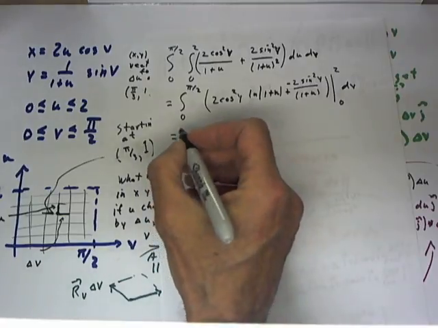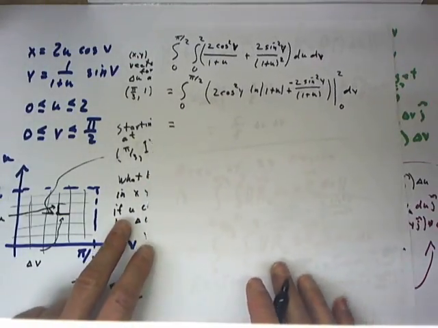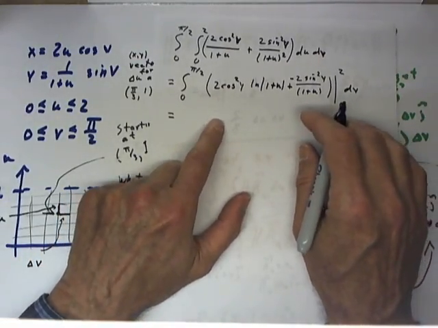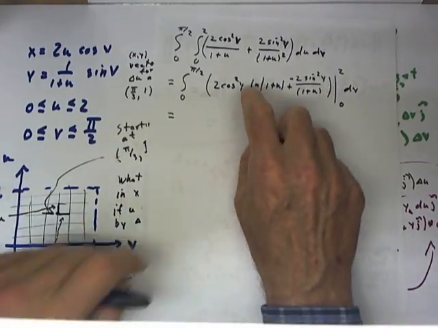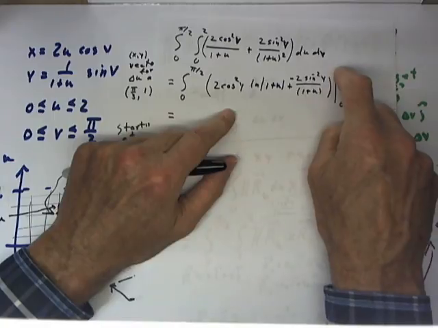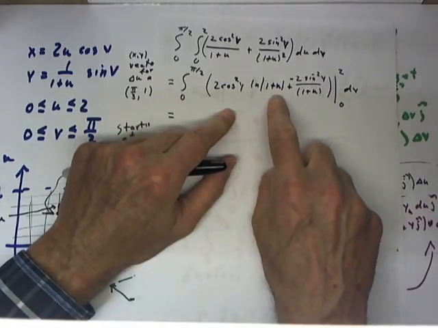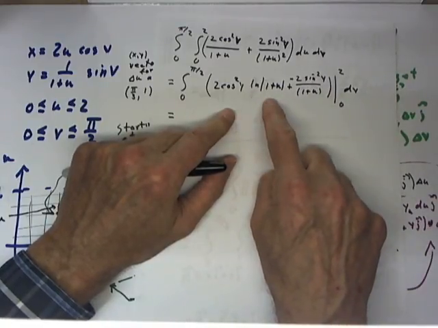Now, I'm not going to write out everything here. If you're captivated enough to be here, you know how to do these integrals. Substituting 2 in for u, we get natural log of 3. Substituting 0, we get natural log of 1.